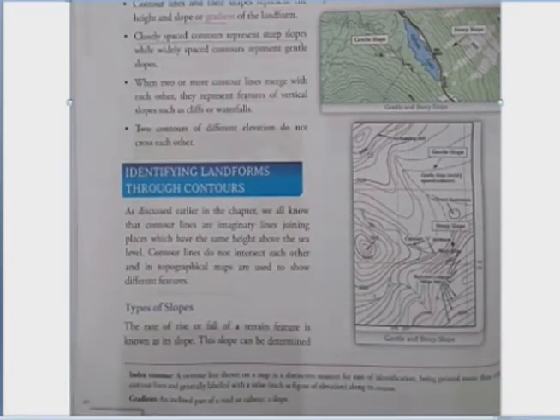Just take a look at this figure here. The contours are placed very close, so here the slope is steep, but here you can see that the lines are far apart. The distance is greater between the contour lines, so here the slope is gentle.